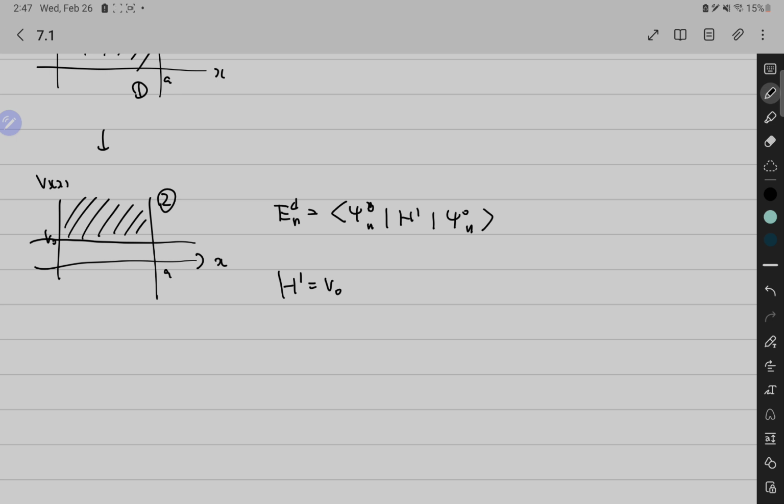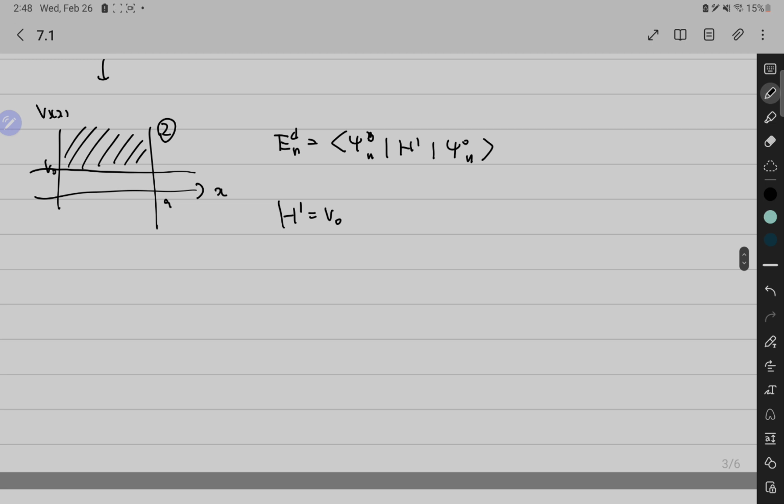Because that is the energy change we made to the system. So our perturbed Hamiltonian is just going to be how much we raised the floor by, which is V0. So E1n now becomes ψ0n V0 ψ0n, right?